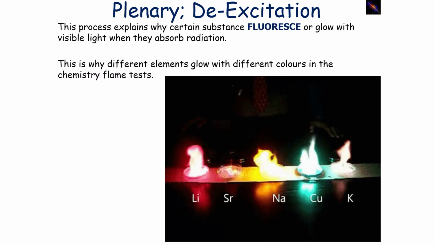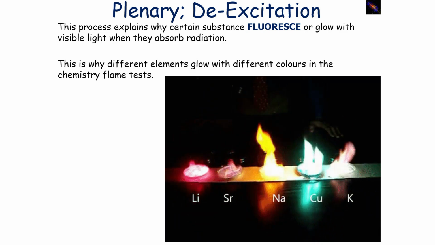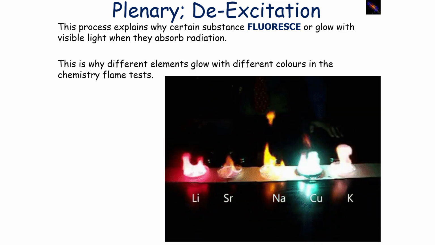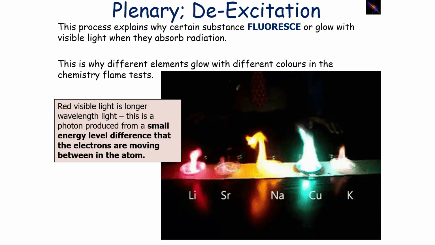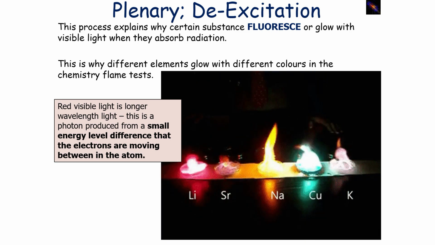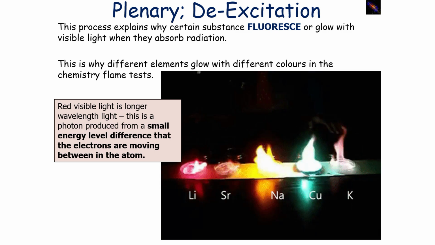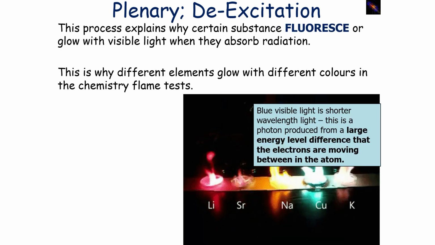Now this explains why certain substances fluoresce or glow with visible light when they absorb radiation. It's why different elements glow with different colours in the chemistry flame tests. Red visible light is longer wavelength light, so it's a photon produced from a small energy level difference that the electrons are moving between in the atom. Blue visible light is shorter wavelength light, and it's a photon produced from a large energy level difference that the electrons are moving between in the atom.